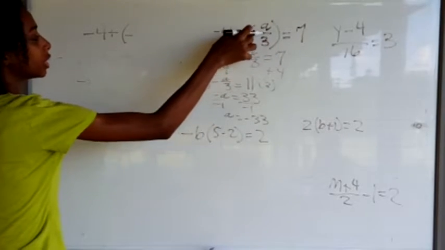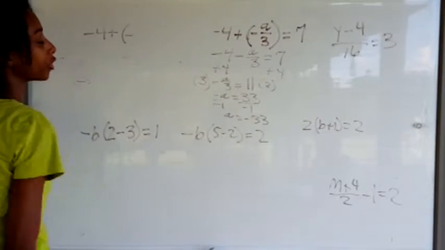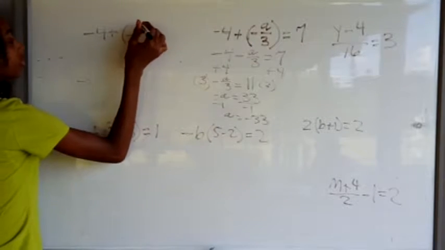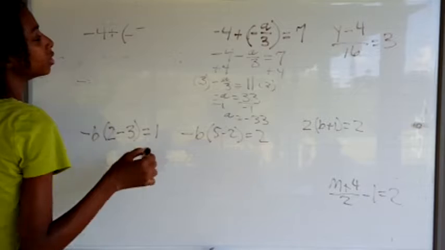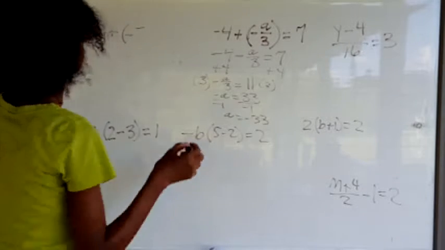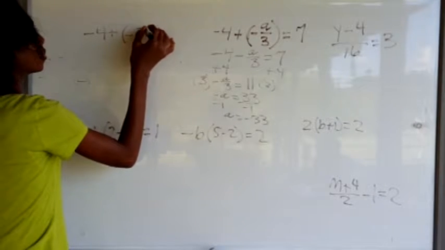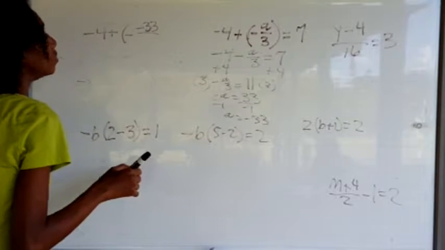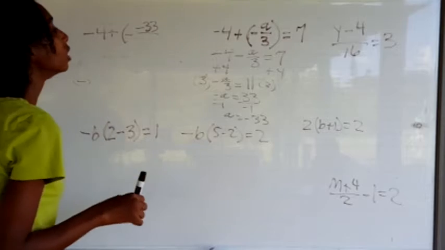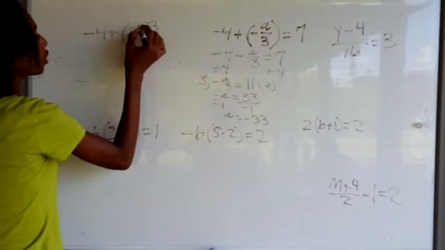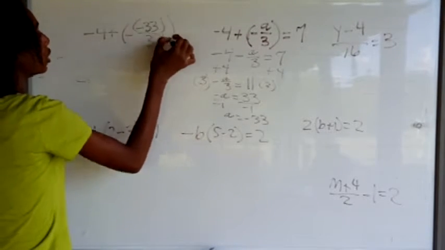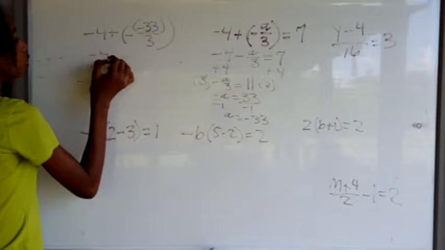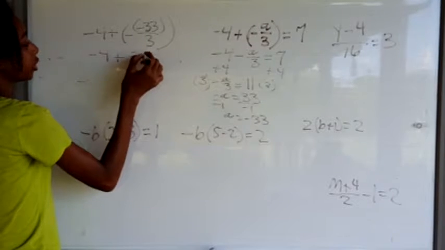This negative does not take the place of this negative in 33. It's negative a over 3, so negative negative 33 over 3, which would be positive. So it would be negative 4 plus 33 over 3.